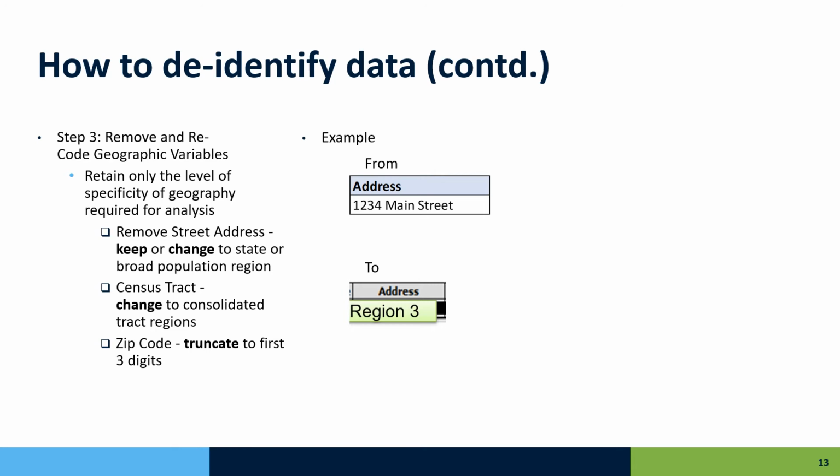It depends on the region that you would like to suggest for the particular address and zip code. This is the example that we're going to show here. The main address is 1234 Main Street, and we're going to change that to a state or broad population region. In this case, we're changing it to region 3.